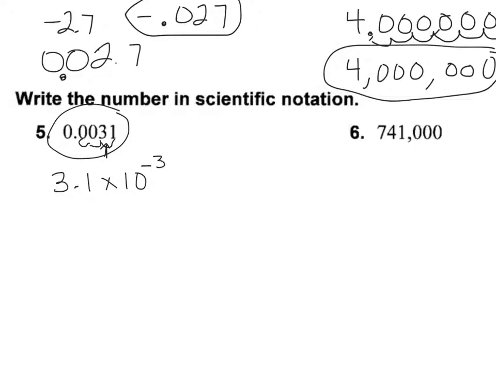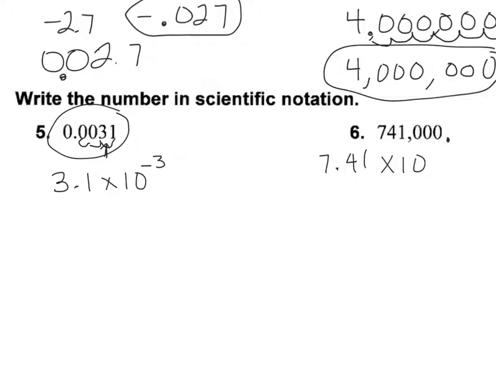On number 6, I need to identify where I'm going to put that decimal so the value is in between 1 and 10. If I placed it here, it would be less than 1. If I placed it here, it would be 7.4, which is in between 1 and 10. So I know I'm going to have 7.41 times 10 to the, now my decimal point currently sits there.